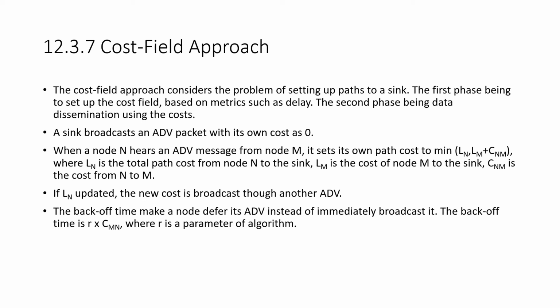The backup time makes a node delay its ADV instead of immediately broadcasting it. The backup time is R plus Cnm, where R is a parameter of the algorithm.